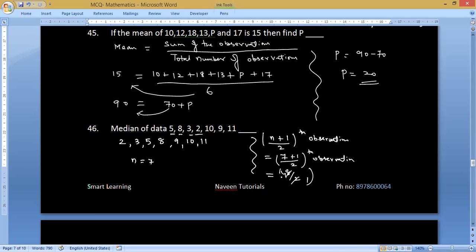So I'm getting the fourth observation. The fourth observation is the median. In the series, the fourth observation, 1, 2, 3, 4, is 8. So the median is equal to 8.